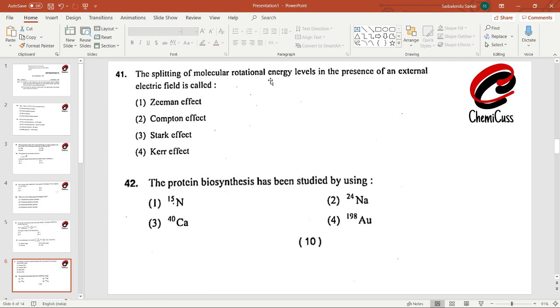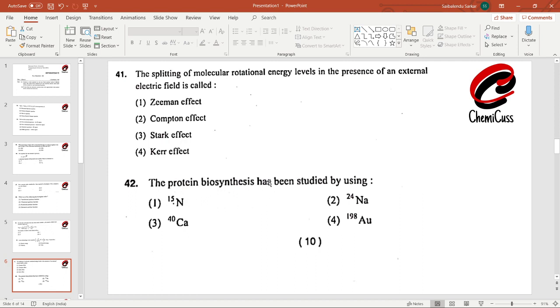Question 42 tells that for protein biosynthesis, studies have been done on how this mechanism happens and how the steps occur inside the reaction. That is monitored by making a radioactive element incorporation inside the molecule, and after that we can find out what the steps are, and the mechanism and steps throughout the reaction are very easy for us to find out by this radioactive radiation.